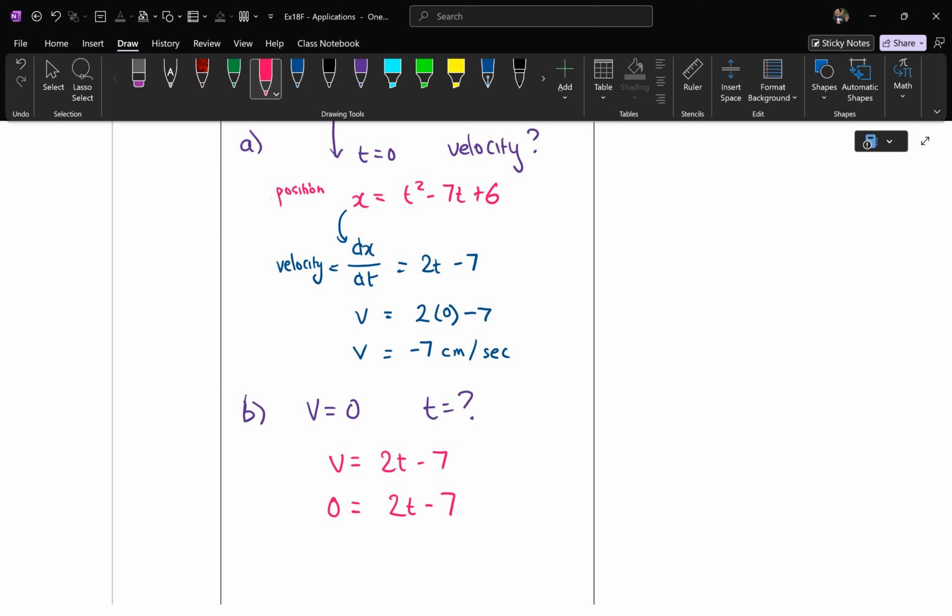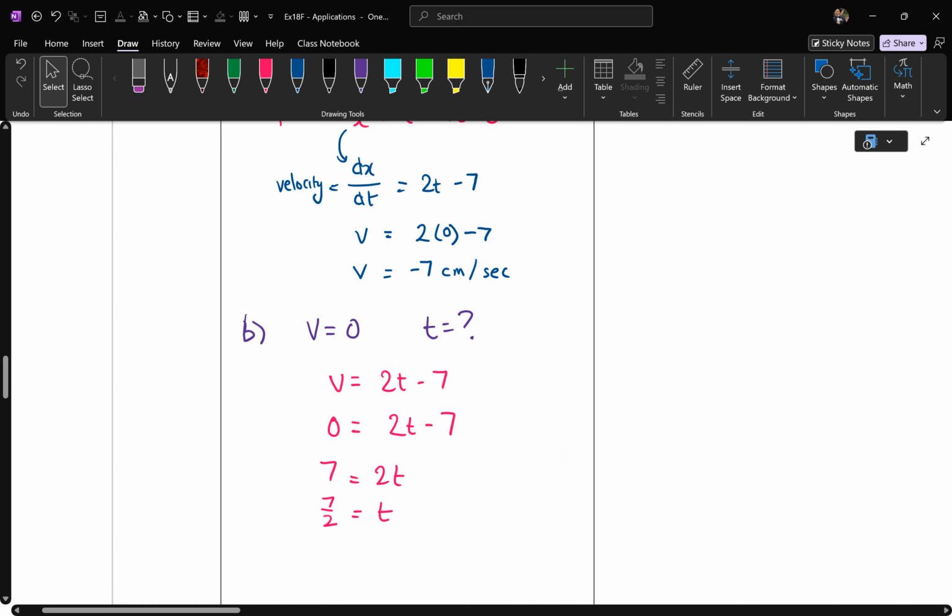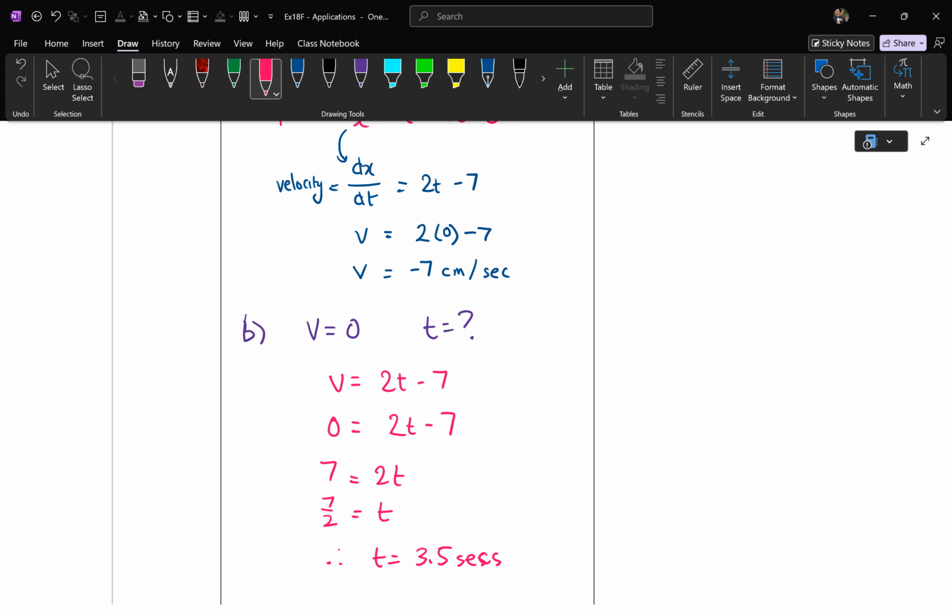Solving for this, 0 equals 2t minus 7, so t must equal to? 7 over 2. Add 7 on both sides, you get 2t. Divide both sides by 2. 7 on 2, which really means 3.5. Therefore, t will equal 3.5 seconds.